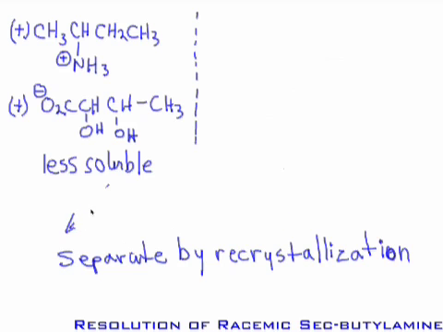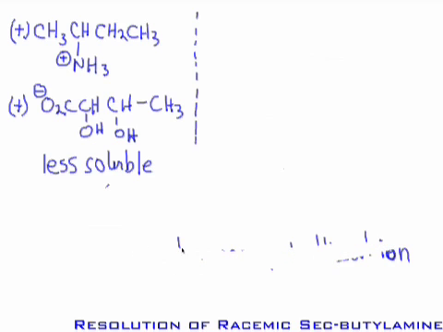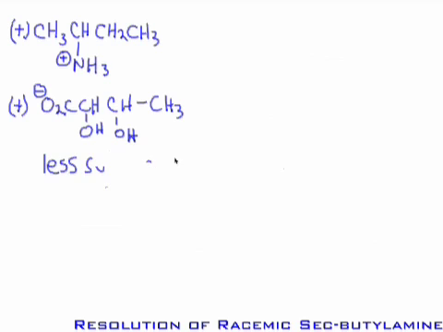All I have to do is remove the tartaric acid. How do you do that? Well, it's not that difficult. Let's think about what would happen if I hit this with sodium hydroxide, or a base like potassium hydroxide. I collected the crystals, I redissolve them, and I react them with something like potassium hydroxide.